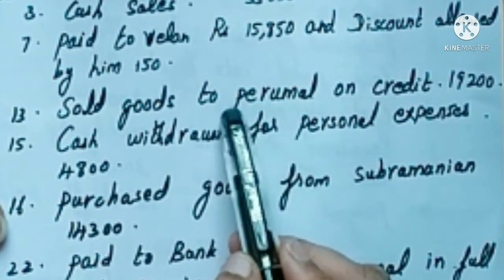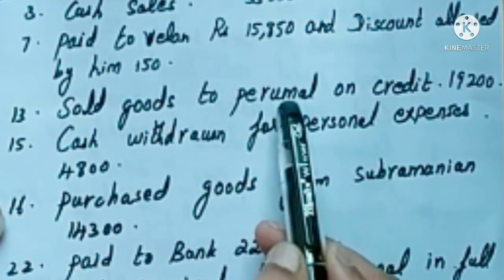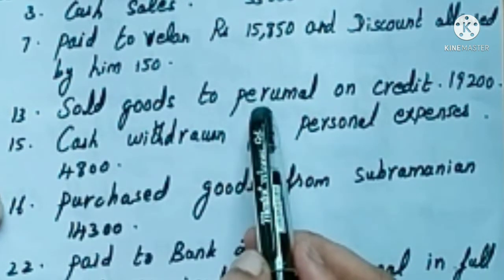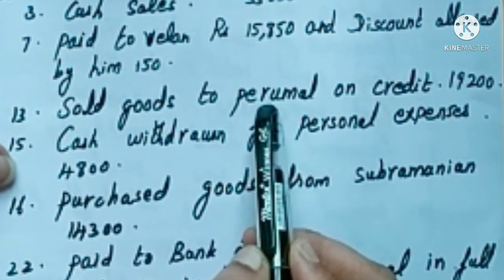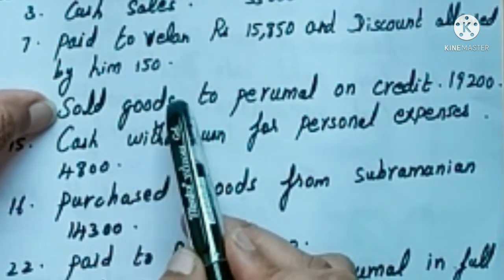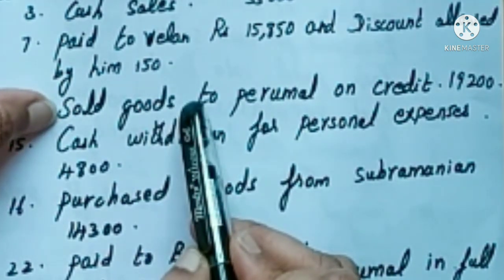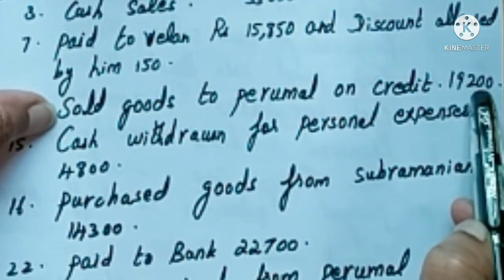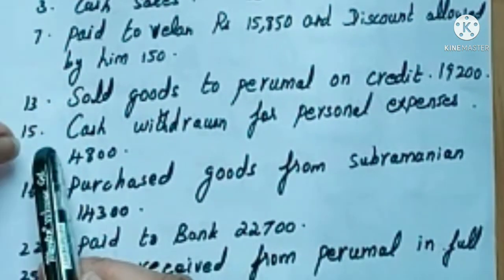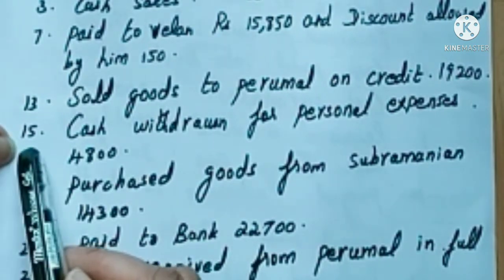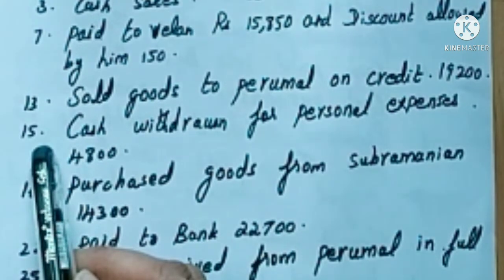And there is also another clue that if any name is mentioned it means it is a credit transaction. Since no cash is involved in this entry, we are not going to take this amount of rupees 19,200 to the cash book.